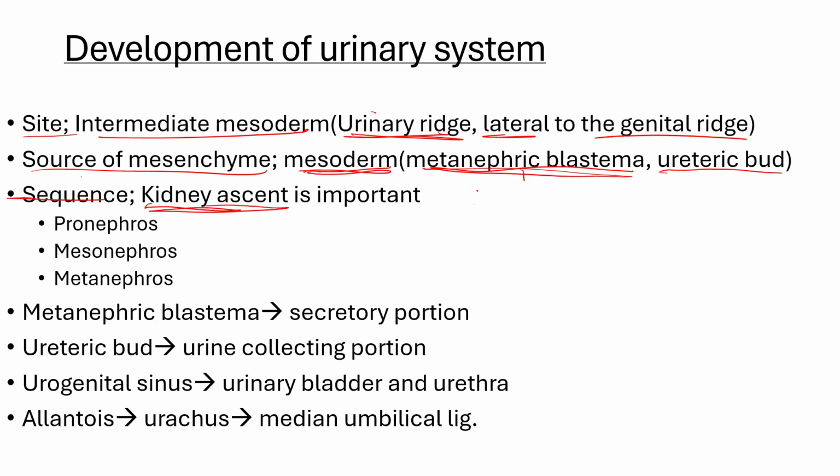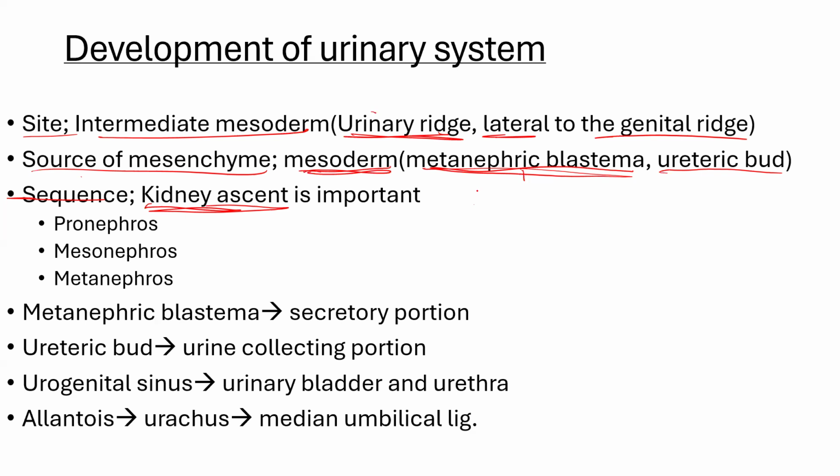They involute completely in females. In males, the mesonephric duct forms the male internal genitalia. The mesonephrons themselves form the efferent ductules.